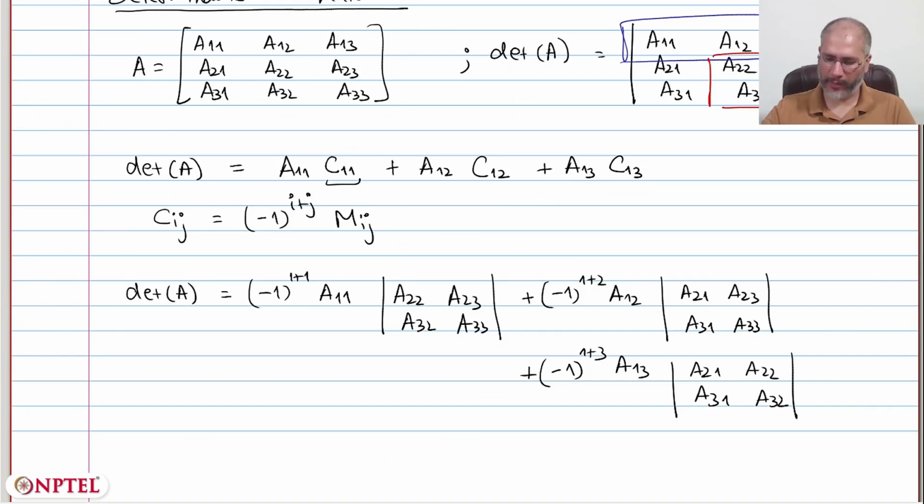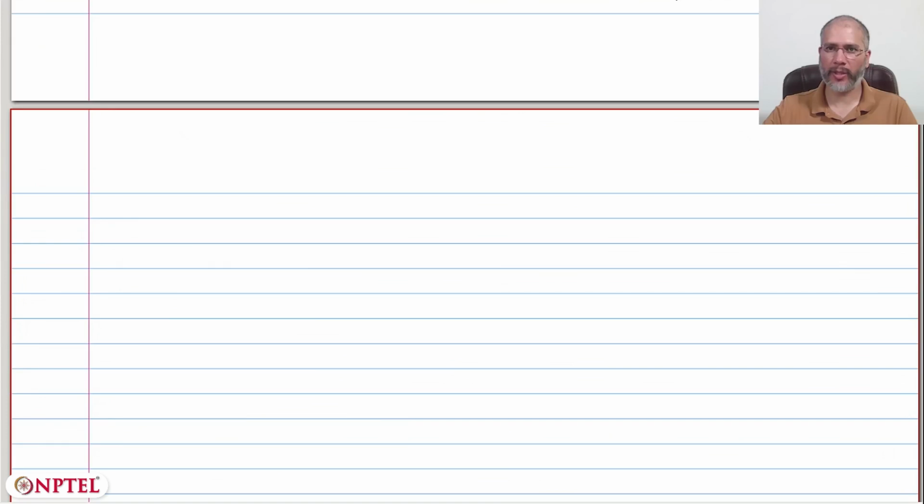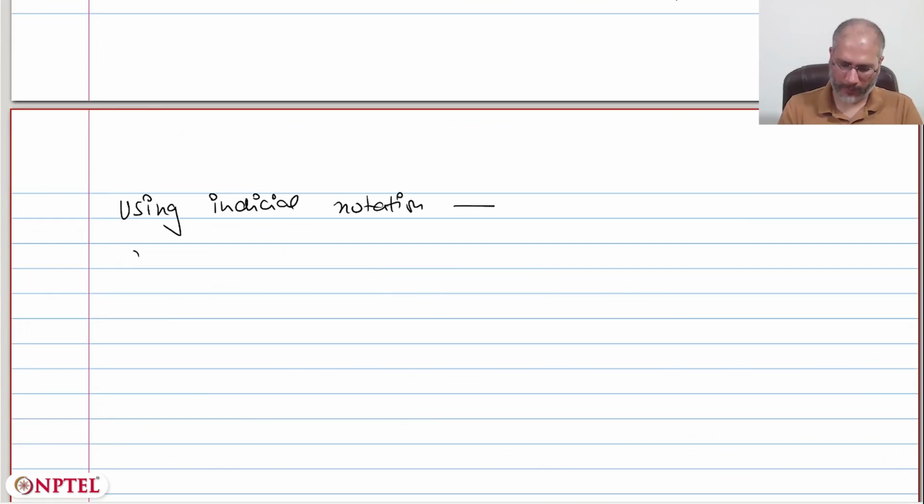But now we have a more elegant way to work with determinants, and this is through the use of indicial notation. So in the indicial notation, the determinant of A is given as epsilon ijk A1i A2j A3k.